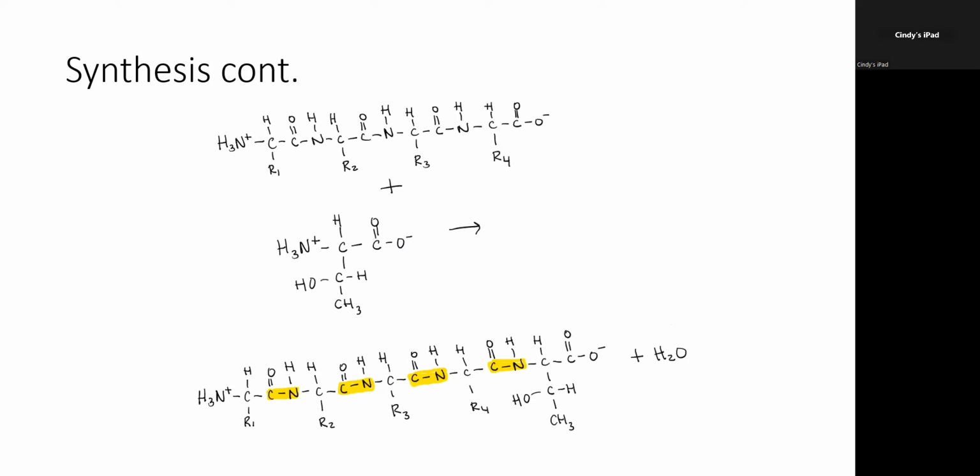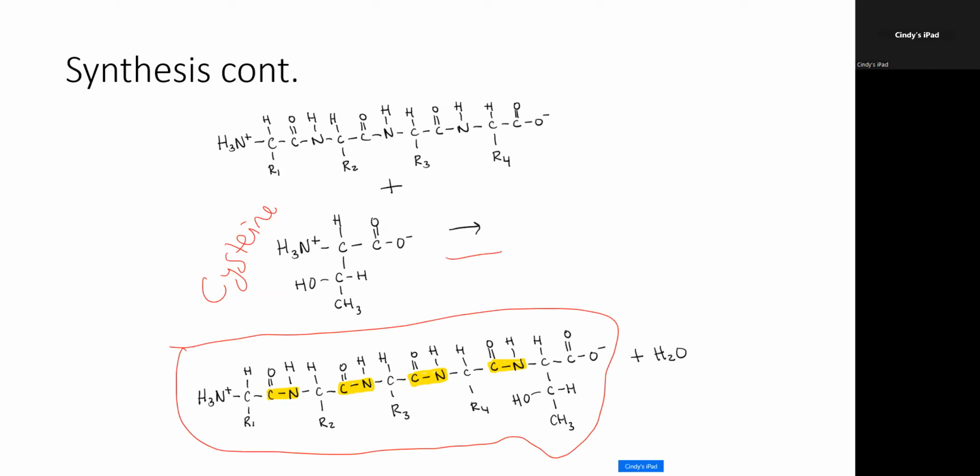And then finally, I did that whole group again and added the cysteine. You do the synthesis here, and you end up with this structure. Again, the CN bonds are your peptide bonds, plus your leftover water molecule.